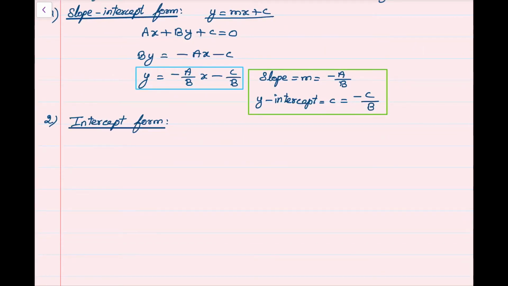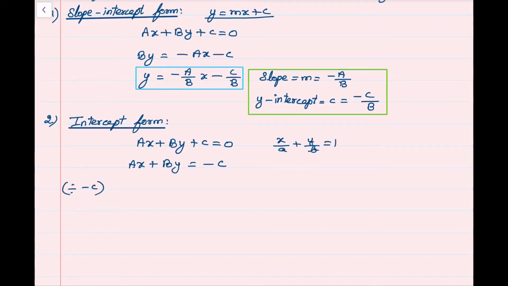Let us now reduce it to intercept form. The general equation is ax plus by plus c is equal to 0, and the intercept form is x divided by a plus y divided by b is equal to 1. Ax plus by is equal to minus c. We will divide the whole equation by minus c.